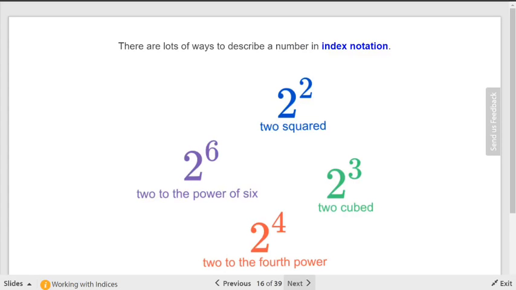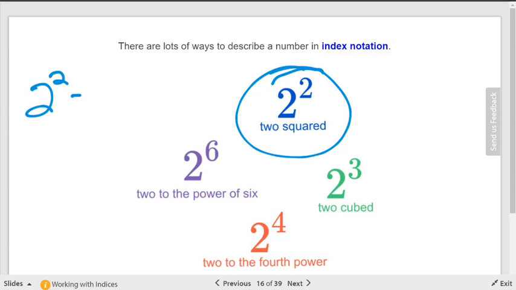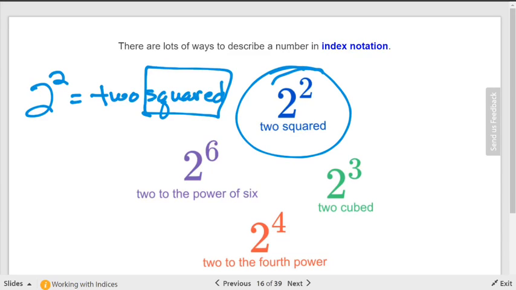Okay? There are lots of ways to describe numbers in index notation. Some types of indices happen so often that they have special names. Okay? For example, if you look at this one, that's 2 to the second power. It's also known as 2 squared. Anything raised to the second power is often called squared. And that comes from geometry, right?